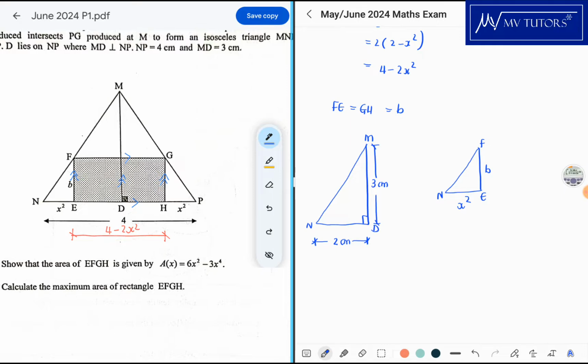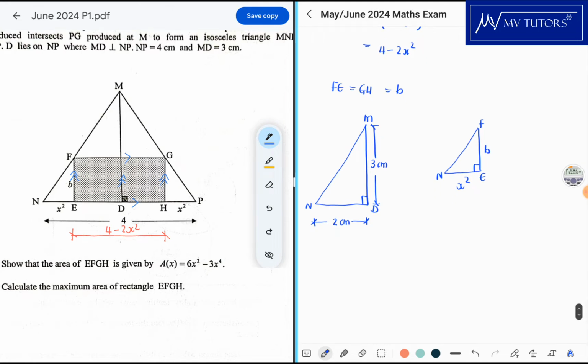So FE is perpendicular to NE, and I hope you've realized that triangle MND is similar to triangle FNE. That's the assumption, but let's see.